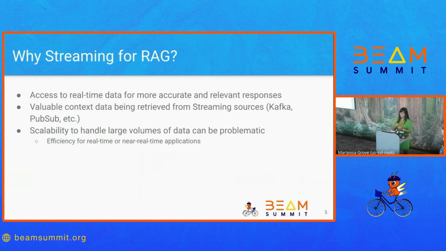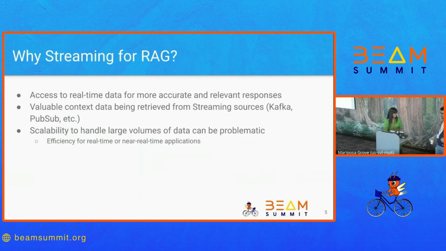So we need a streaming pipeline for continuous data ingestion and continuous data processing to ensure our RAG is up to date, with information access being very real time. The other factor is scalability, because we are handling a large volume of data and we need to make sure our real-time and near real-time applications are efficient enough.